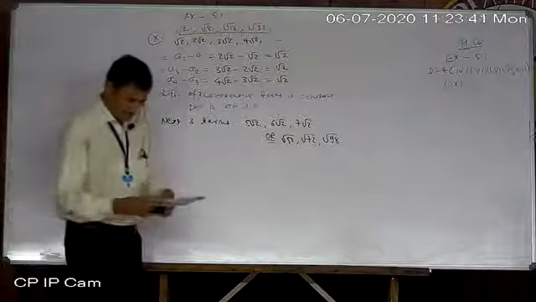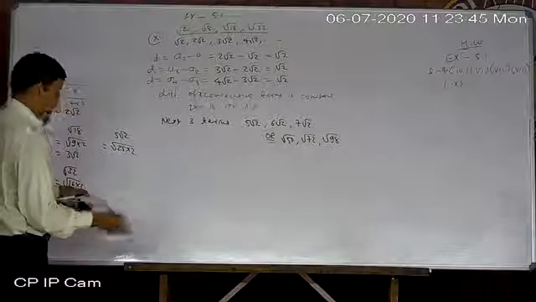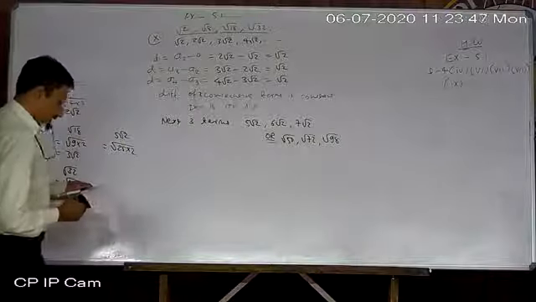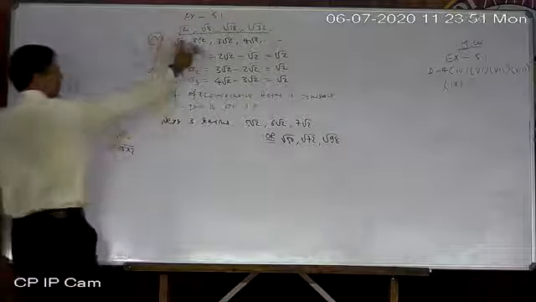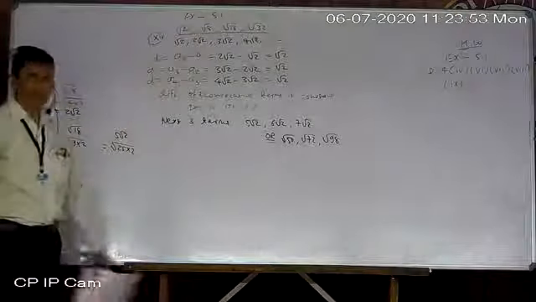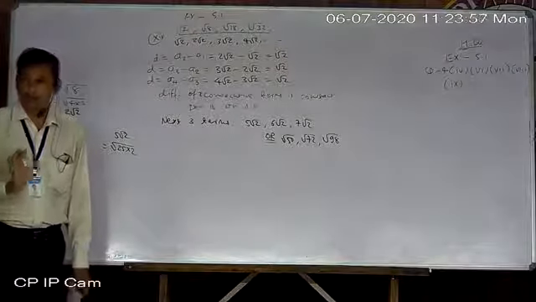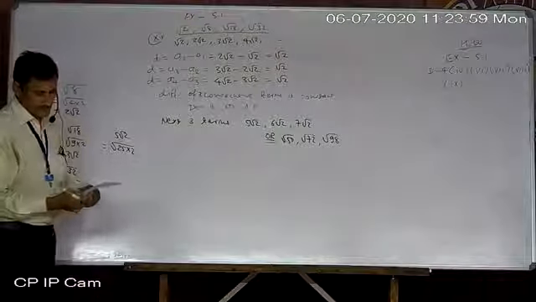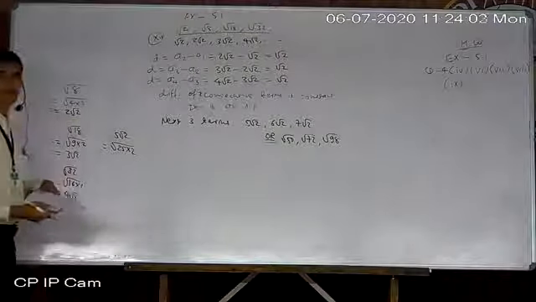Now, then root 3, root 6, root 9, root 12. I am talking of number 13. This was number 12. You should have your textbook open now at exercise 5.1, page number 100.